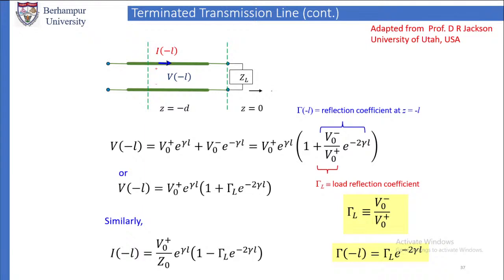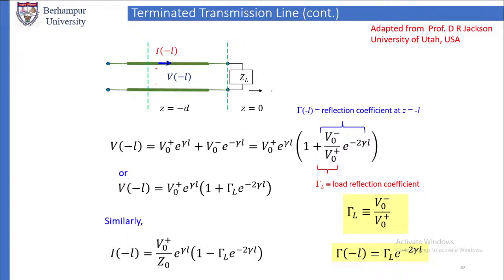The second term is V0 minus exponential minus gamma L divided by V0 plus exponential gamma L. Now exponential minus gamma L by exponential gamma L is exponential minus 2 gamma L. The remaining is V0 minus by V0 plus.